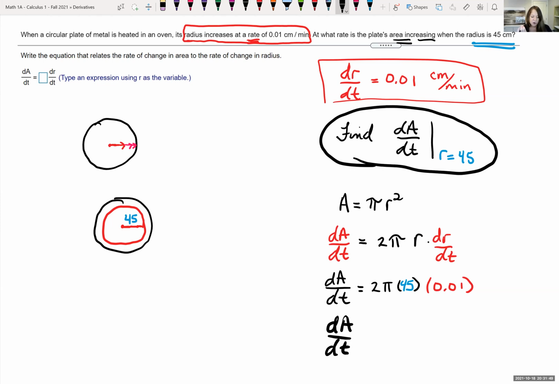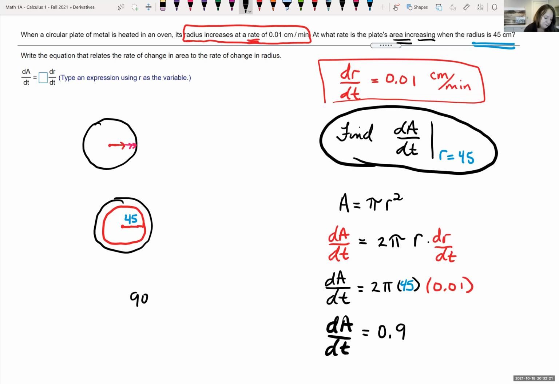And if we multiply that 90 by 0.01, that just multiplies 90 by 1, but then moves my decimal over twice. And so my decimal is going to be 0.9.